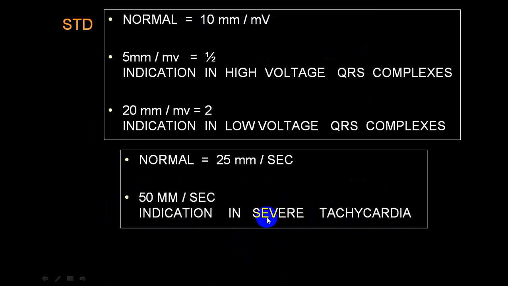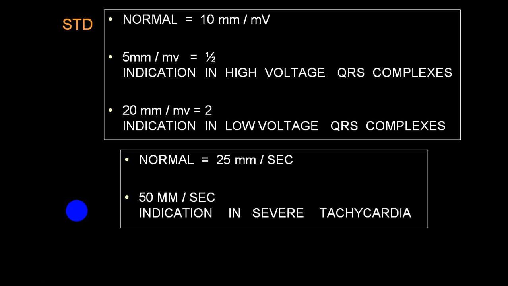While speed wise, all ECGs are taken at 25 millimeter per second, but whenever the person has a severe tachycardia and the T wave and P wave are overlapping, you can't make out where the T wave is, where the P wave is, and the QRS complex is very narrow. To separate the distance between the two QRS complexes, it is taken at 50 millimeter per second.